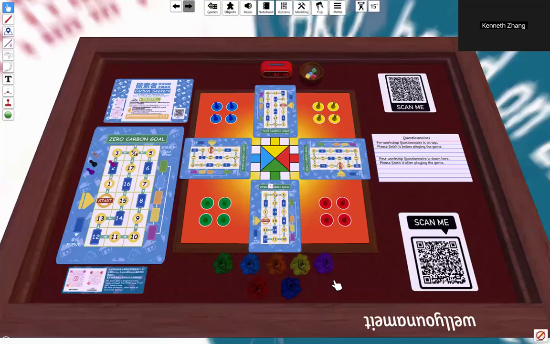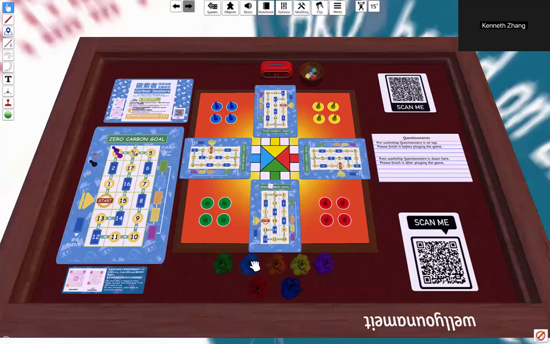Let's talk about the interaction part. When two players or teams land on the same space, like in this way, if the original occupant answers correctly, the first thing is they would draw a question card for a quick response challenge.